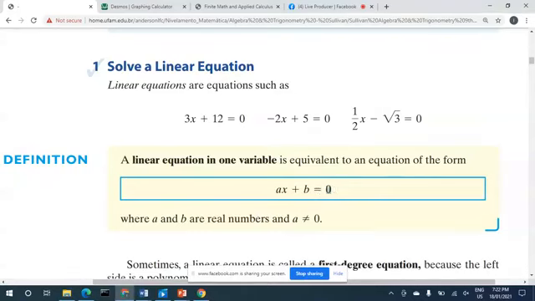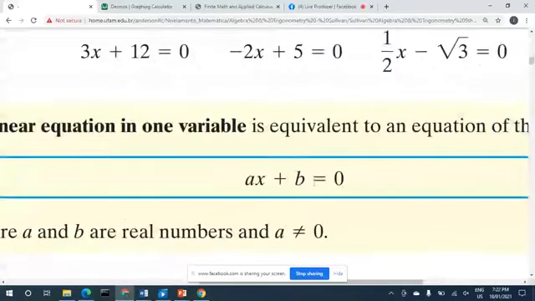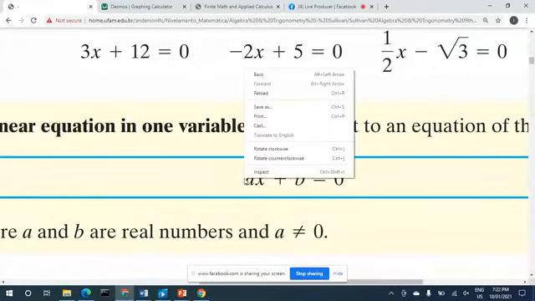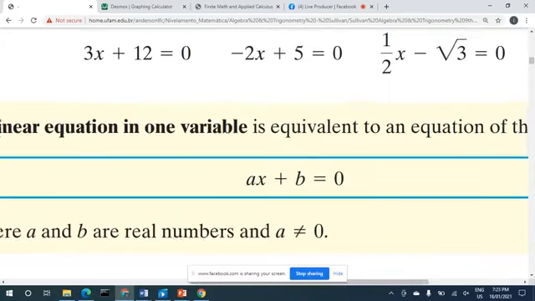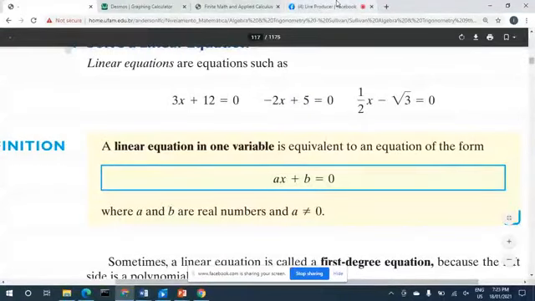That is the general form of a linear equation. Any linear equation in the world that you give me can be made to look like ax plus b equals 0.